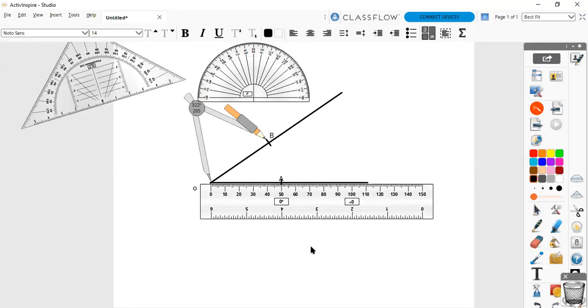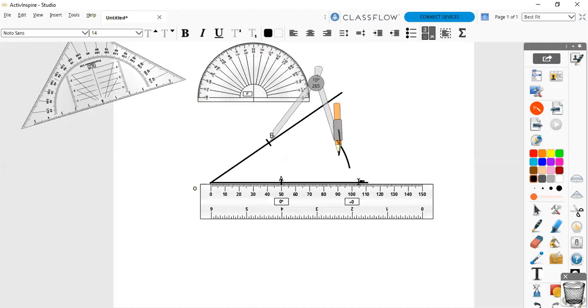Now you use the same arc, with the compass, and use point A as a center and try to mark one arc over here like this. Now use point B as the center and try to mark an arc over here like this.